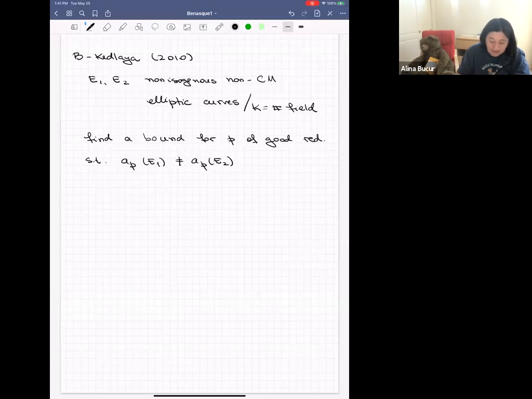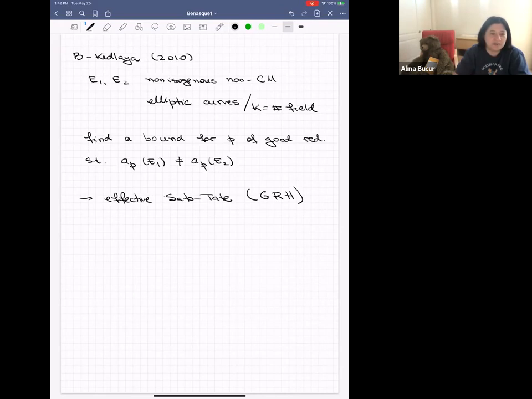We wanted to find a bound for how far you need to look to be guaranteed that, if you have two non-isogenous curves, you find such a p at which the traces of Frobenius are different for the two curves. For this, we used an effective Sato-Tate. By effective, I mean under GRH for a whole lot of functions dictated by Serre's approach, which tells you which functions to look at, and you assume GRH.